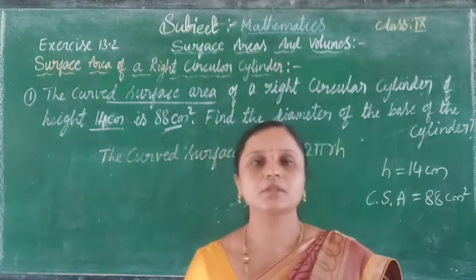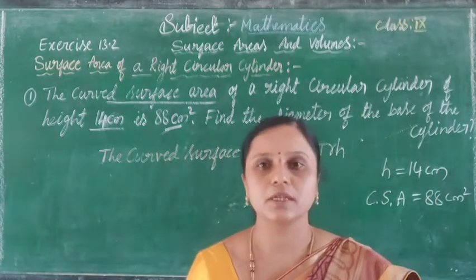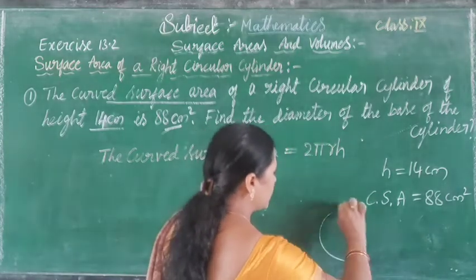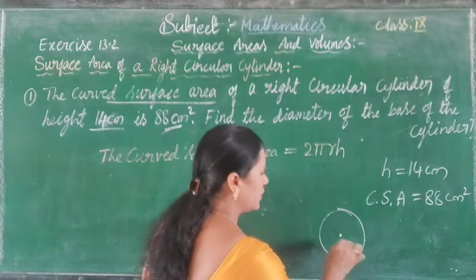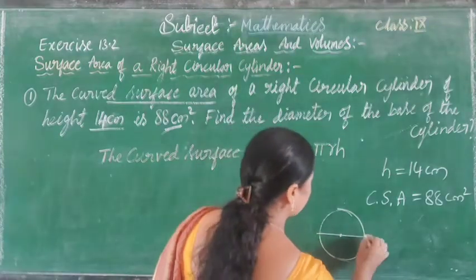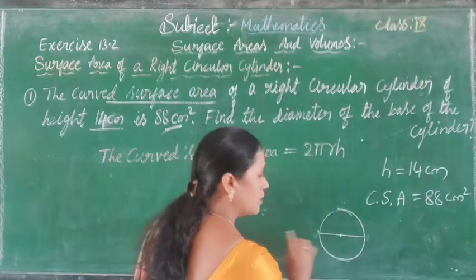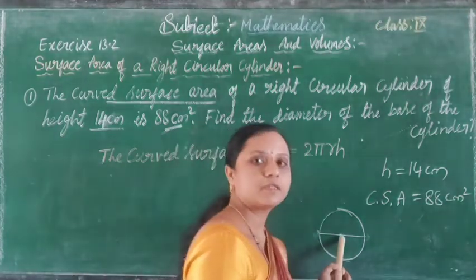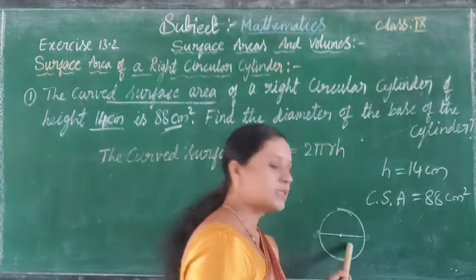Students, you already know that the base of the cylinder is in circle shape. Here we want to find the diameter. Diameter means what? The line going through the center of the circle. That is called the diameter.